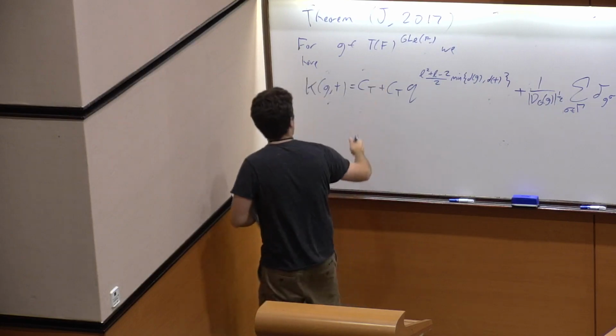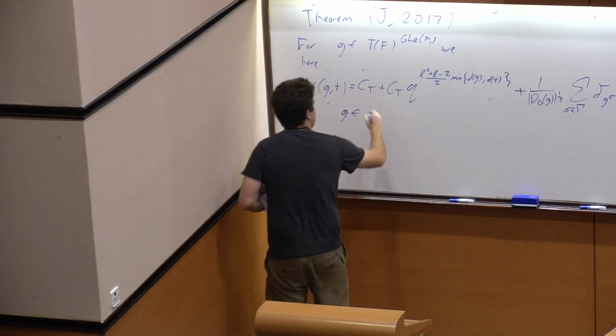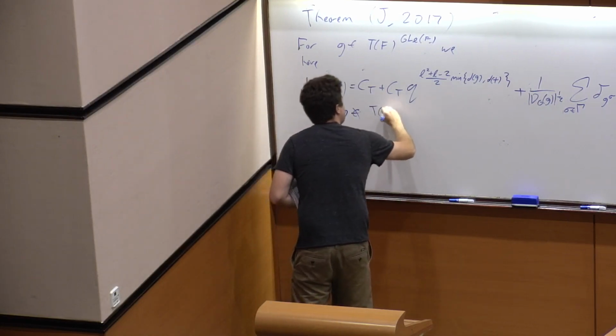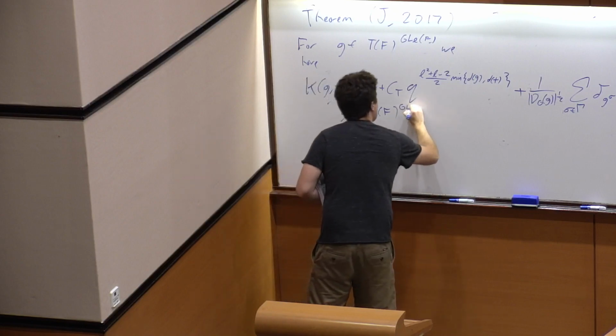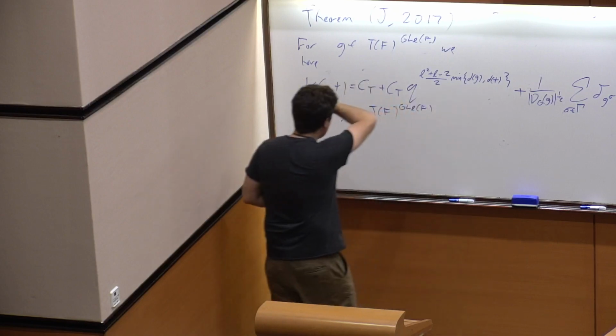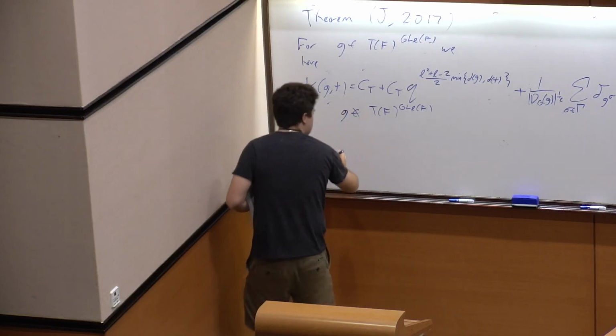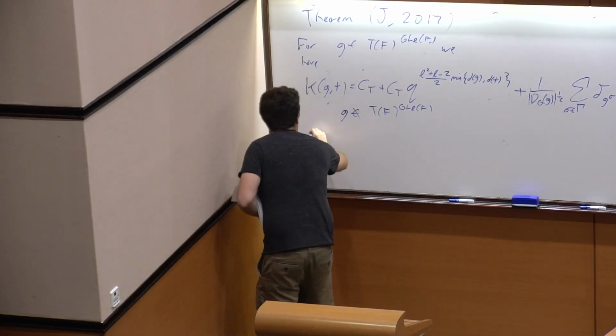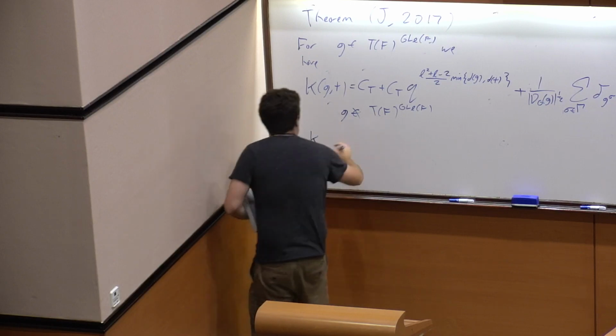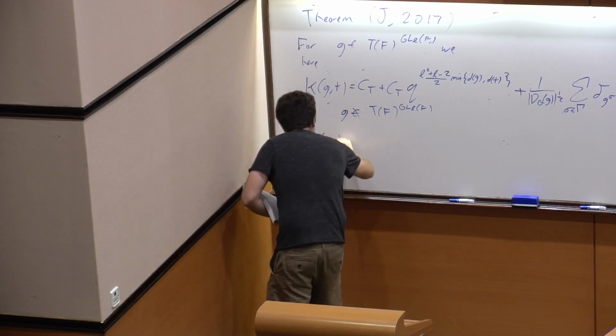That's for G in the stable class of the torus, whereas for G not in this stable class, we get a similar formula, but summing over various conjugacy classes in the Lie algebra.